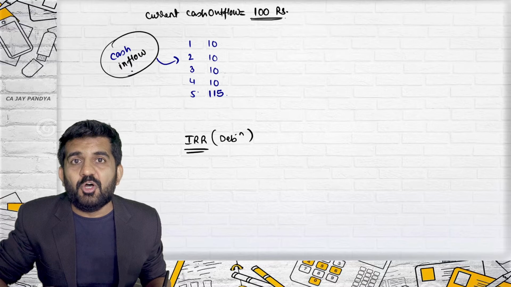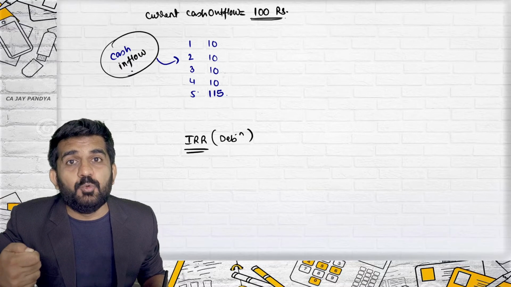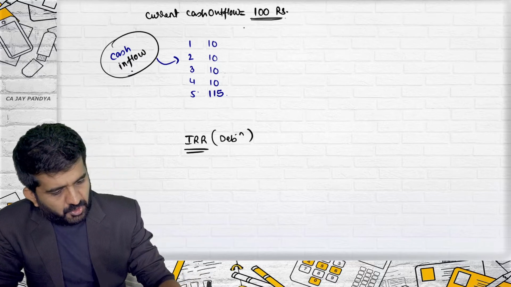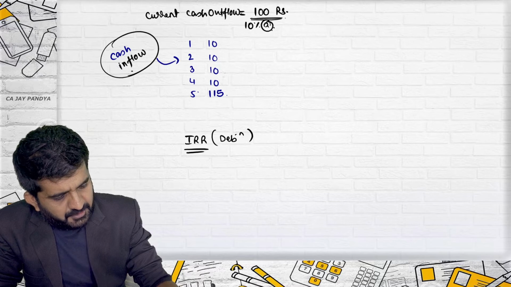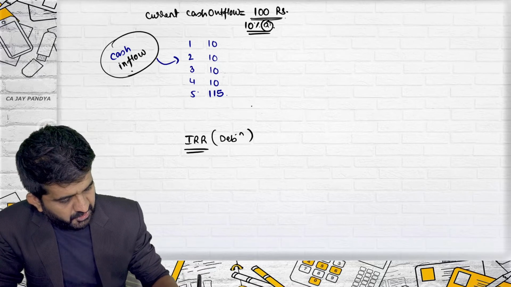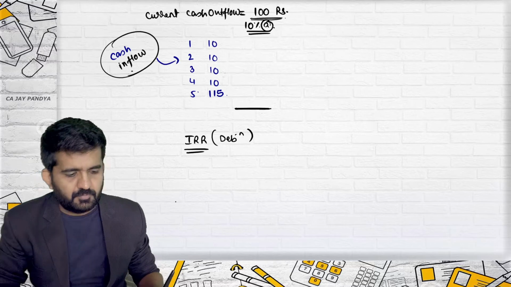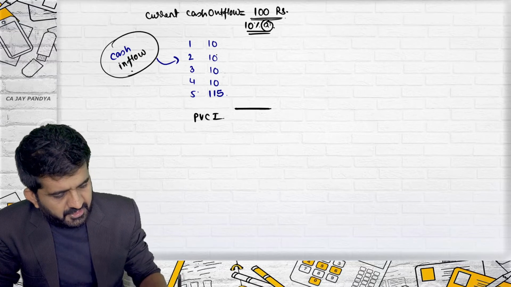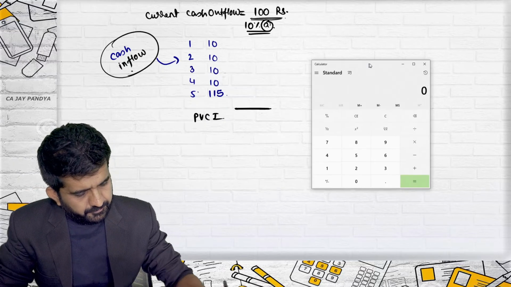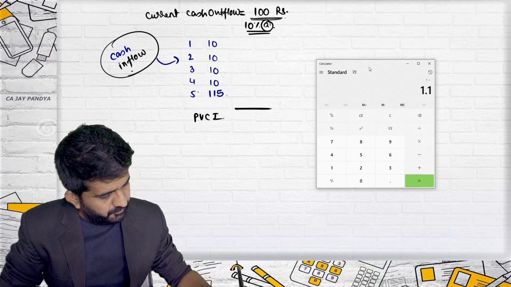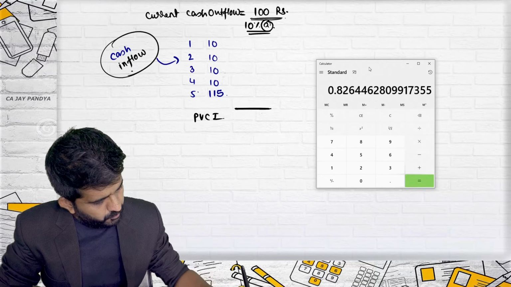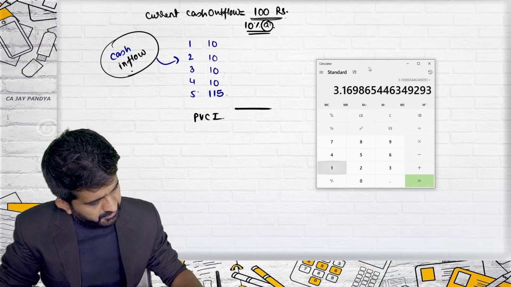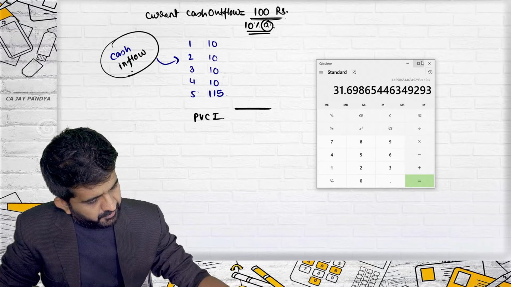Why? Because ultimately your NPV is going to become 0. Present value of cash inflow minus present value of cash outflow. Is it all right? Try to concentrate. At the rate of 10%, let me first find out the present value of cash inflow. 1 divided by 1.1, plus 2, 3, 4, multiplied by 10 is 31.70.